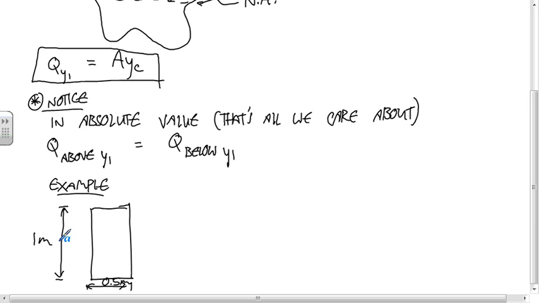It goes through the centroid, that's right. So the centroid of this rectangle is right in the middle, so there's the neutral axis. And let's say that our y1 is 0.4.